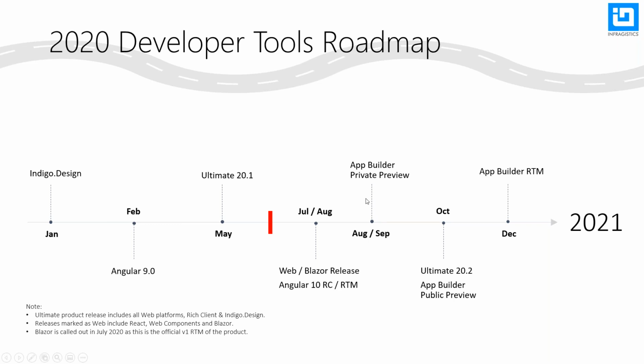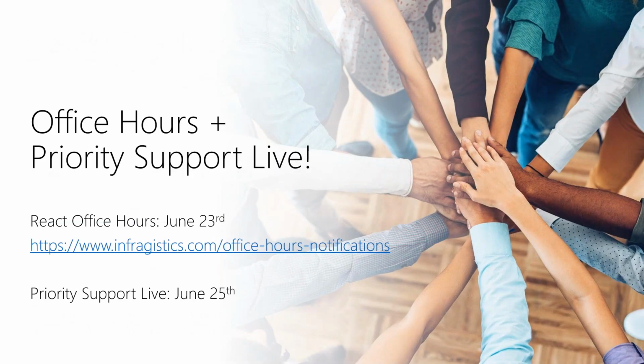If you're interested in this, send me an email and I will route you accordingly. October, 20.2 will ship, and we'll have the public preview of the App Builder, and then we'll release the App Builder in December. So pretty exciting stuff, full year ahead. Plus, it's all blogged, so if you're looking for more details, just go to the blogs that I showed earlier and you can read all about it.